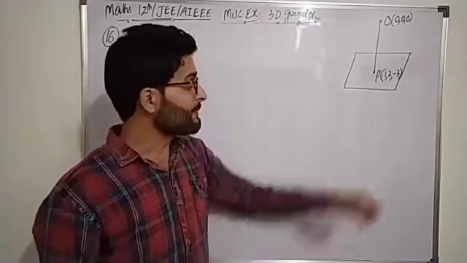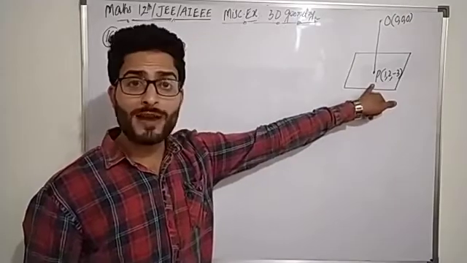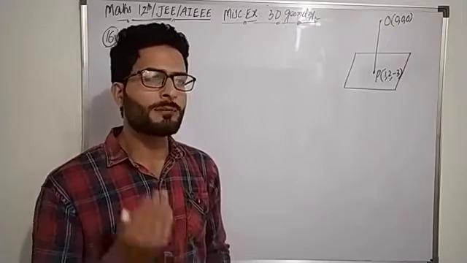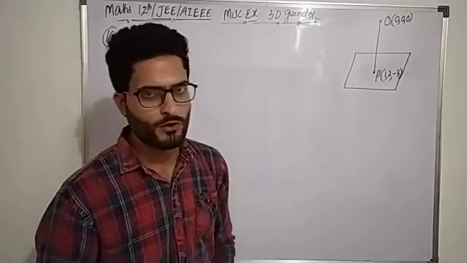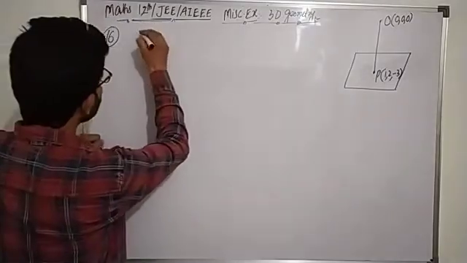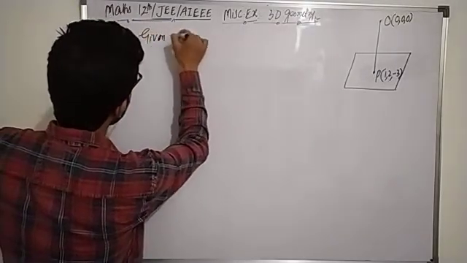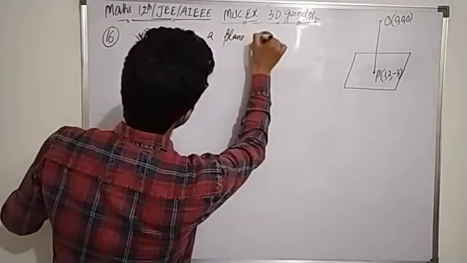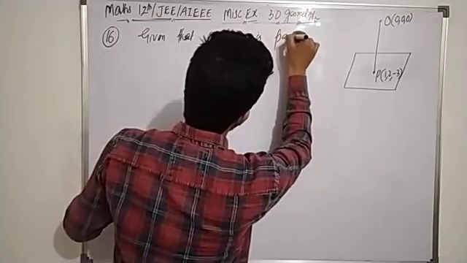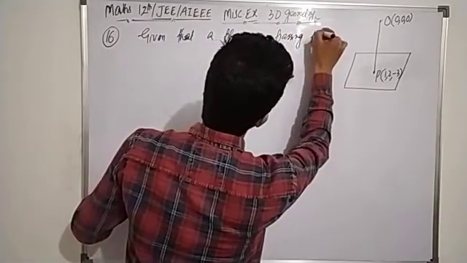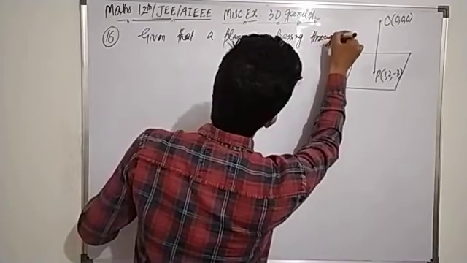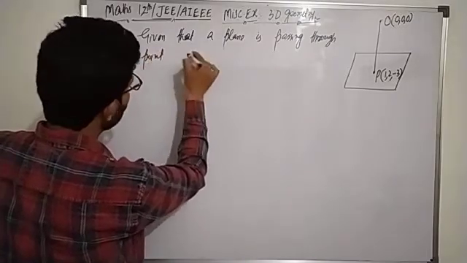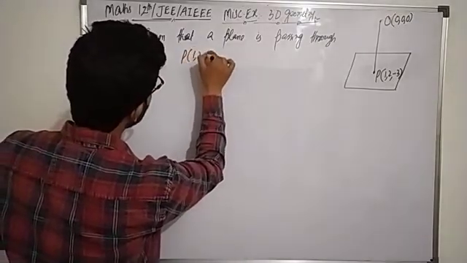Now, since the plane is passing through the point P of 1, 2, minus 3, we can find its equation by one point form. a into x minus x1 plus b into y minus y1 plus c into z minus z1 is equal to 0, right? Given that a plane is passing through a point, yes, कौन से point में pass हो रहा है, P of 1, 2, minus 3.